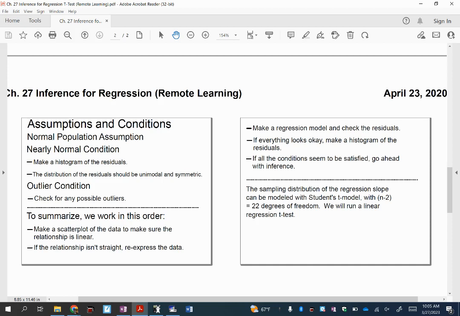Then make a histogram of the residuals, and make sure there are no outliers. After that, you are ready to run the test. You'll notice we've got 2 variables here, so to find the degrees of freedom, we do the sample size minus 2, since we have 2 variables to factor in.